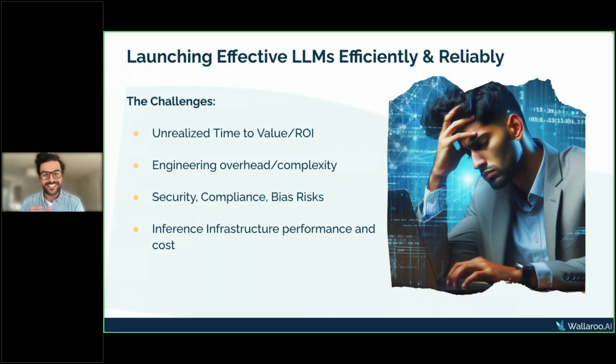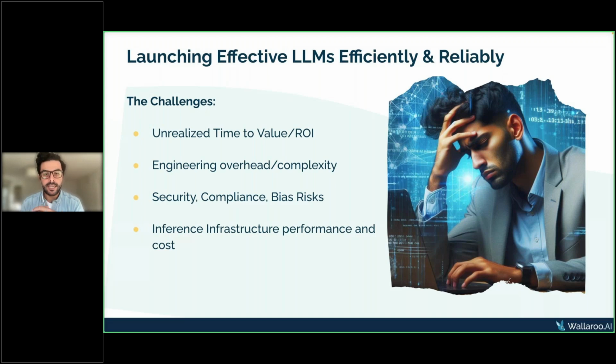The theory is there, but when we look at the reality of what challenges we always run into, it's basically time to value. Is it optimized? Not really. There's the complexity and the amount of engineering required to build and scale, especially custom LLMs in production, in addition to the infrastructure that goes along with that, as well as the amount of control required to make sure that you're maximizing performance out of that infrastructure.